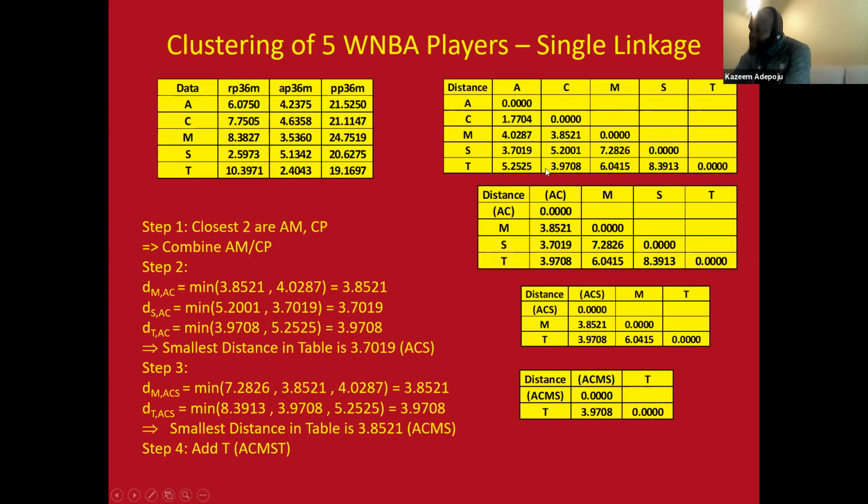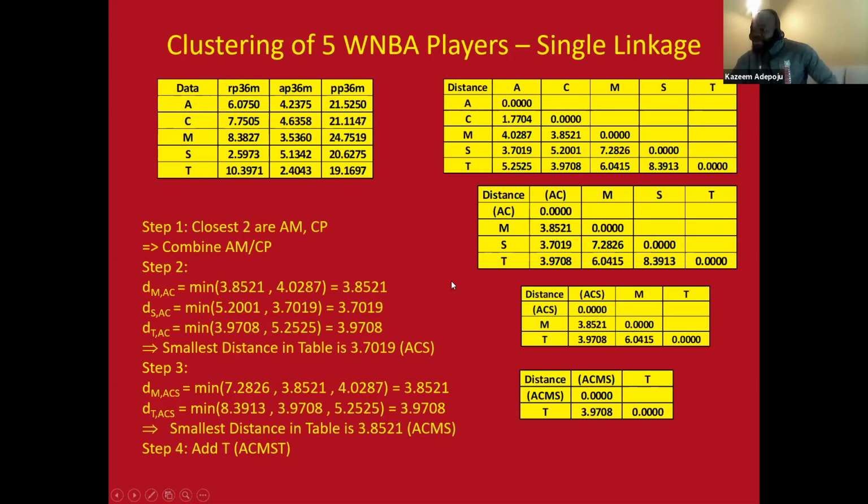If I were you, from here, to get to this place, what is the minimum here, and here, and here? The minimum is what I actually write here. Can you see that now? That is 3.8521, 3.7019, 3.9708. So the minimum of that is what I actually write here.